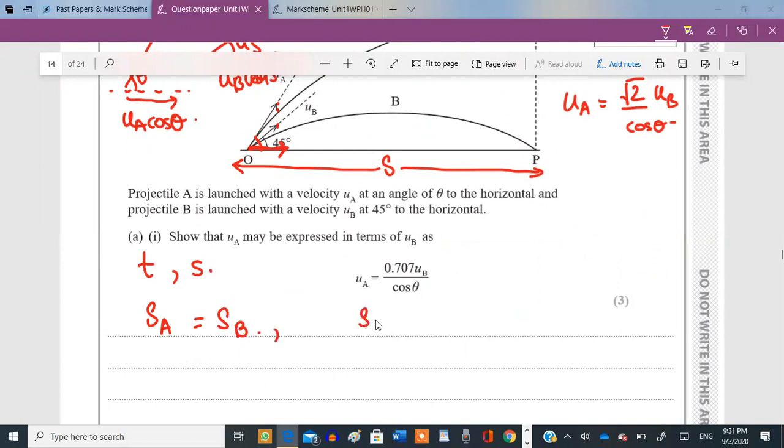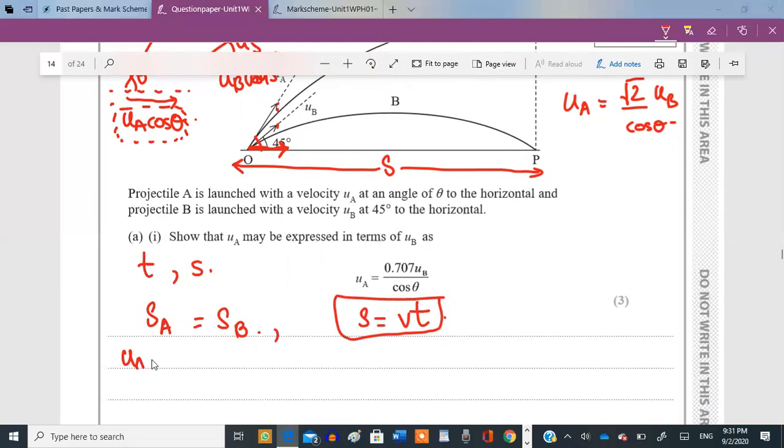And you know that distance in the horizontal direction can be calculated using only one formula, because this horizontal motion is uniform motion. It's not accelerated motion. For the distance traveled by A, you're going to place VA times T. The value for VA is UA cos of theta.